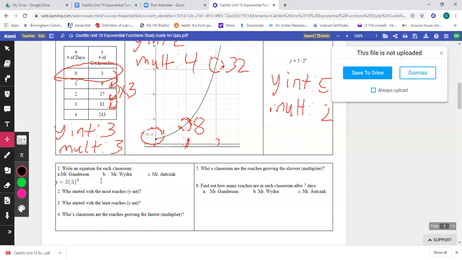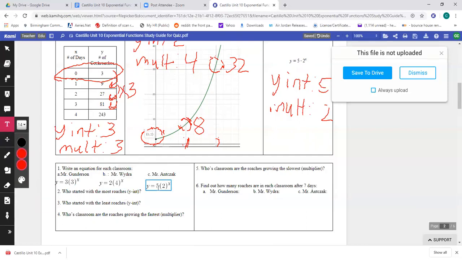Mr. Wydra, he should be y is equal to 2 times 4 to the x. And then Mr. Anzac, the equation's already written, so you could just go ahead and copy it.